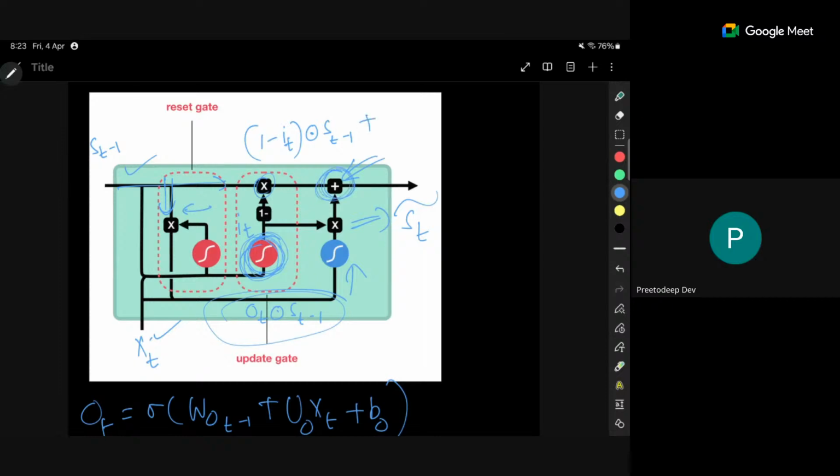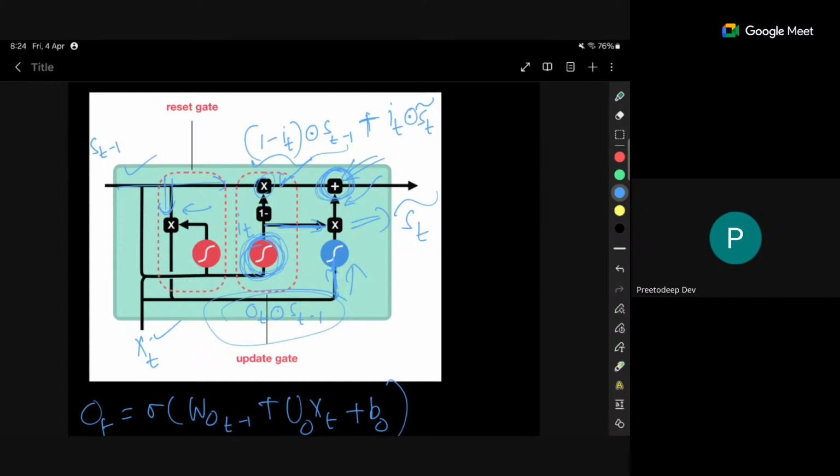This guy with the IT, and so IT is going here also. So this IT and something coming here, which is the temporary state, are getting multiplied, and here the addition is happening. Both of these two will come out from here, and these two will be from here. So that's how the addition and multiplication are going on. This is how the GRU architecture is.